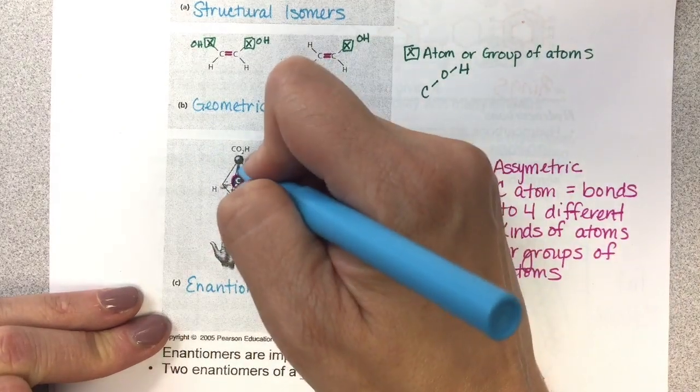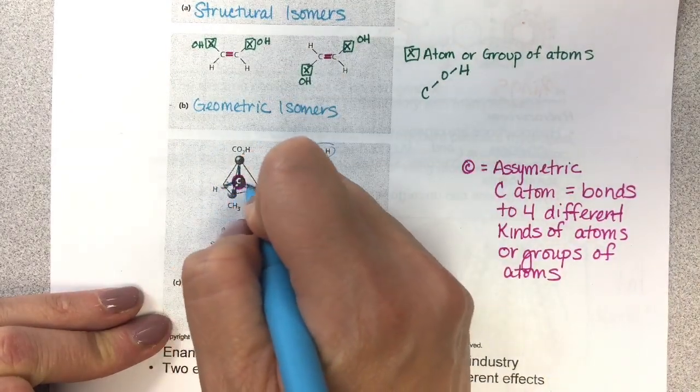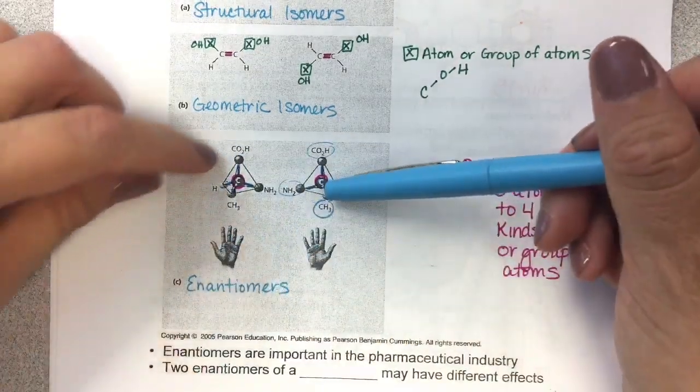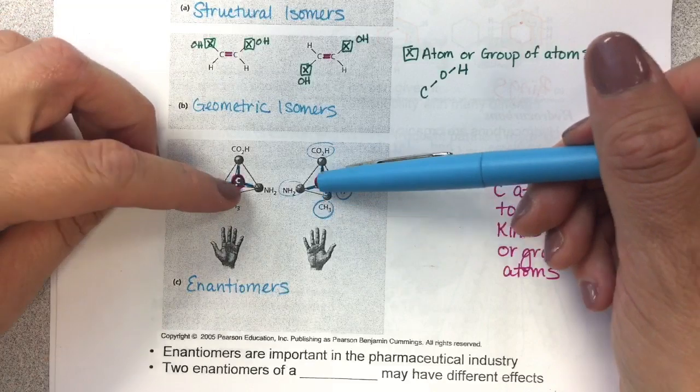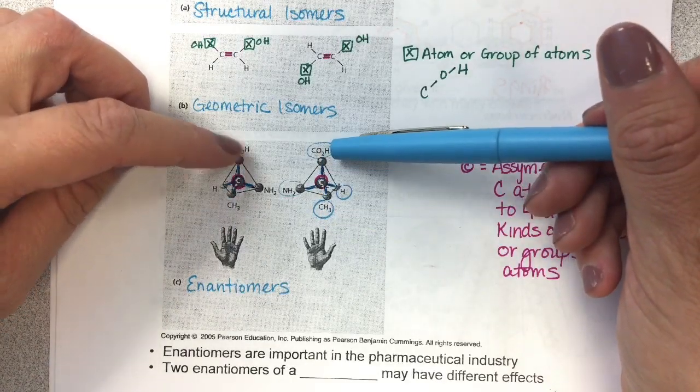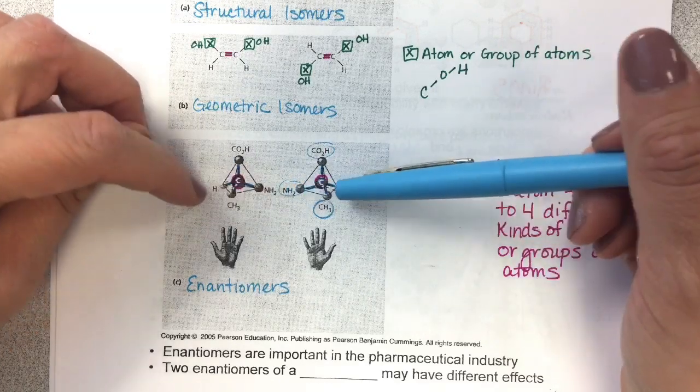And then this side over here is also making the 4 bonds, and we have the same 4 different groups. Now notice when we look at them, the top and the bottom are the same. So you have the carbon, the CH3, the CO2H here, but what has changed is the left and the right.